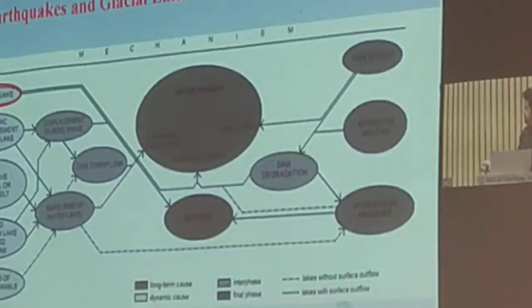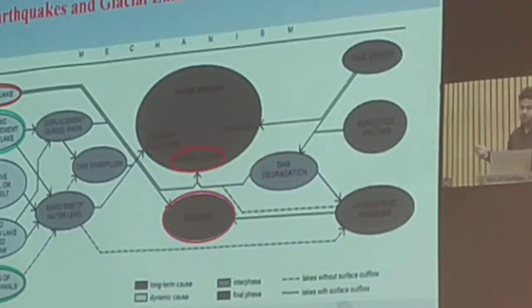Now, talking about earthquakes in GLOF, how are the mechanisms connected? We have many causes, but the primary cause of GLOF can be earthquakes. Earthquakes can directly lead to the rupture of the frontal moraine, and also it can lead to slow internal piping failures. But again, earthquakes can trigger secondary hazards.